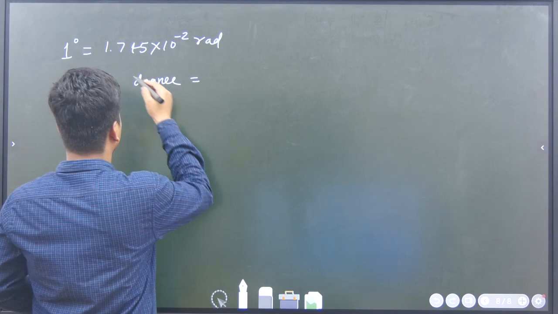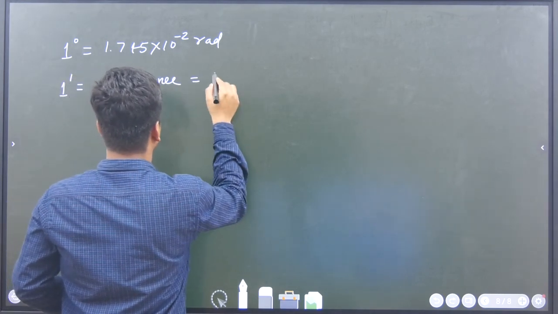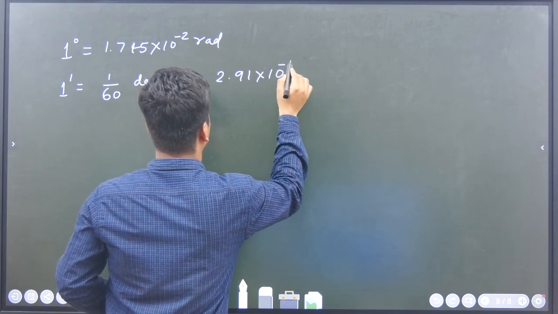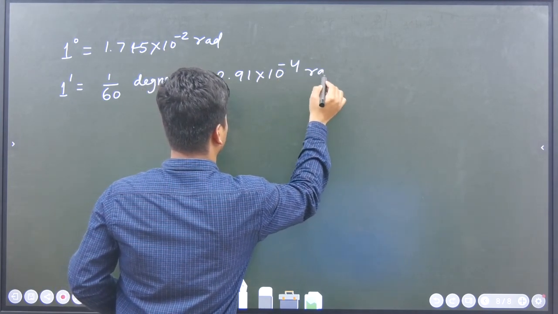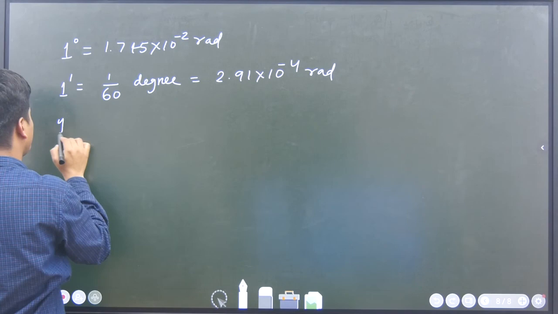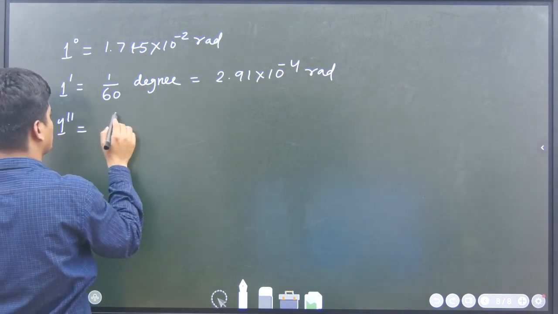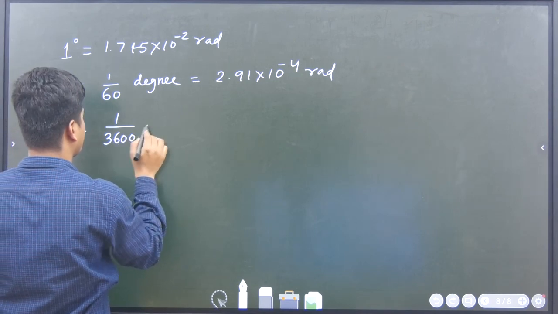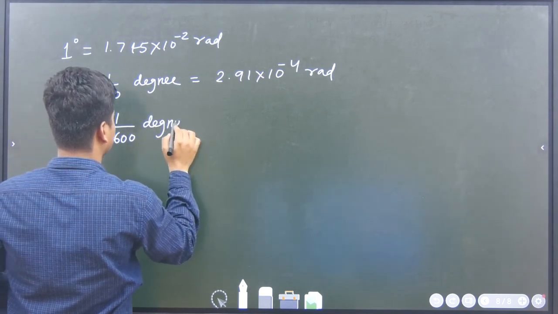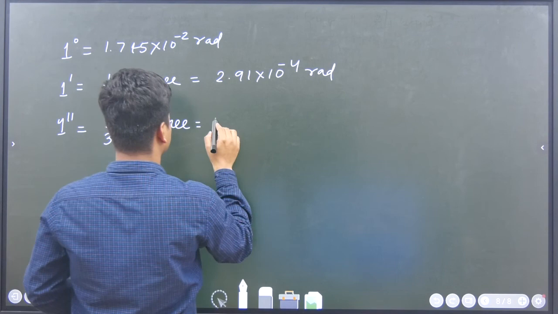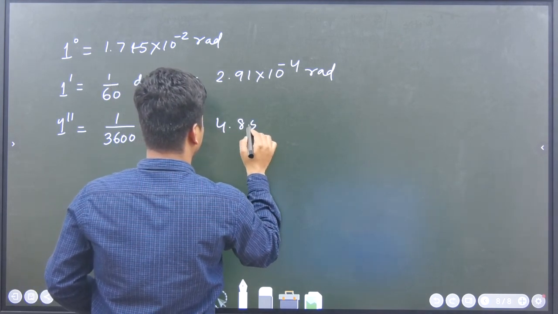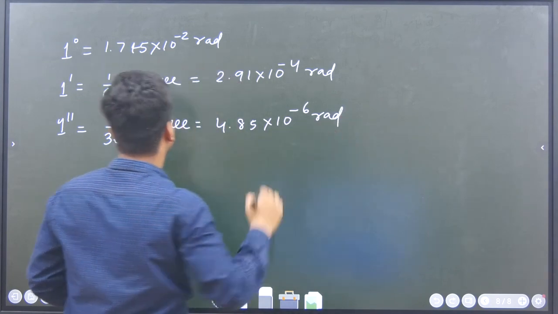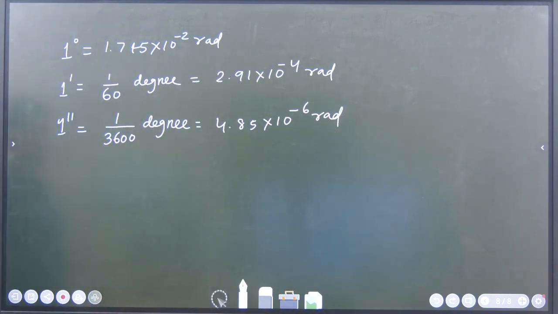Already you know 1 degree in radian, so if I calculate this, I will get 2.91 into 10 to the power minus 4 radian. And 1 second is 1 by 3600 degree, or 4.85 into 10 to the power minus 6 radian. So this is the conversion you can remember.